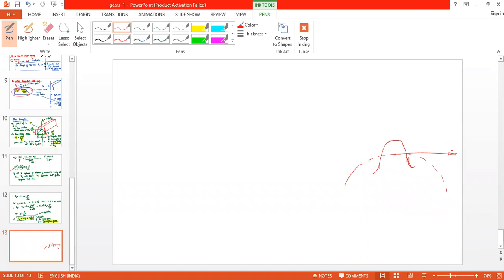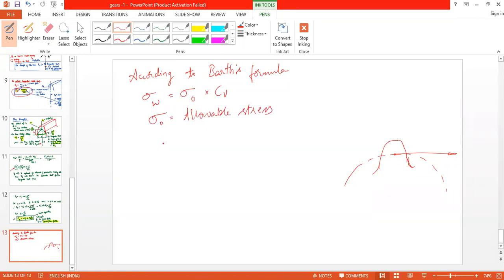According to Barth formula, sigma W, the working stress, is equal to sigma O multiplied by Cv, where sigma O is the allowable stress for the given material.